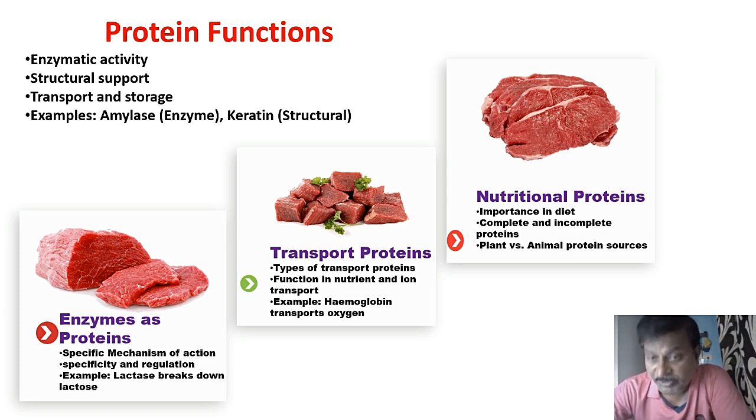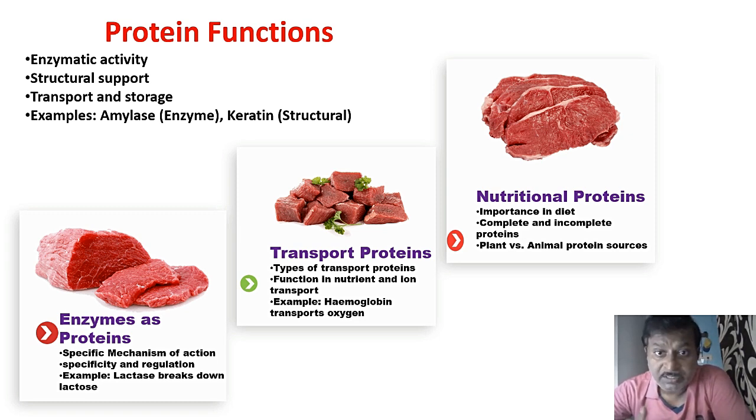Then nutritional proteins. These proteins are very important in the diet, because you see that chicken pieces here have importance. Complete and incomplete proteins are present in nutrition one way or another, giving a very good protein source for our metabolism and other purposes. So plant versus animal protein sources are there.